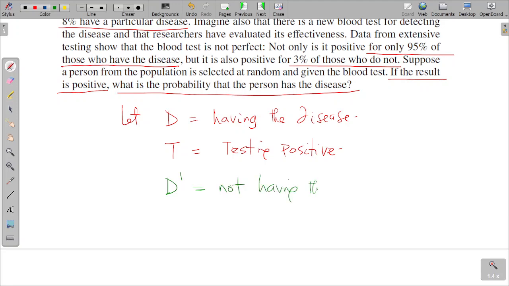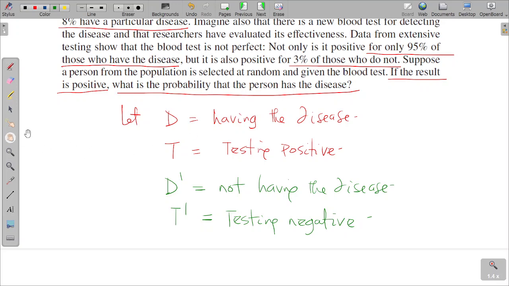And T prime is testing negative, or not testing positive. So we can now see we have D as having the disease, D complement not having the disease, T testing positive, T complement testing negative.